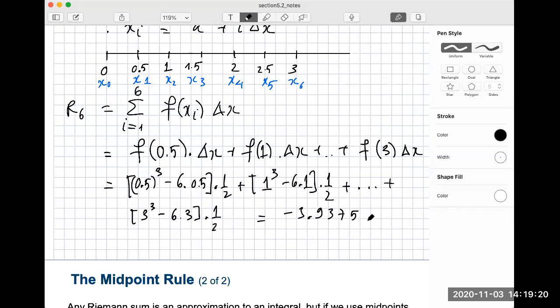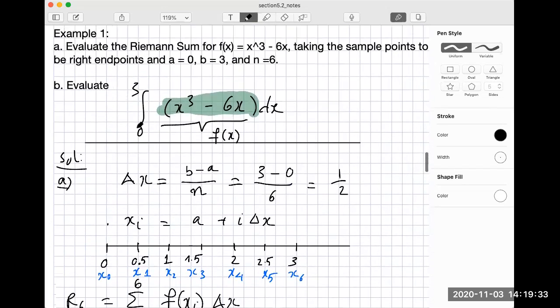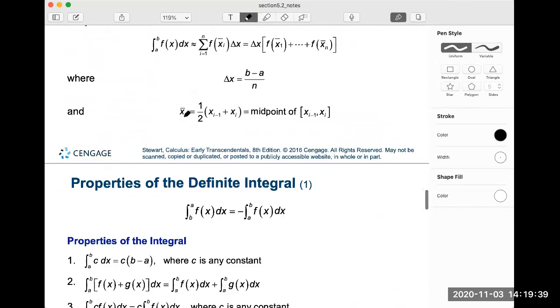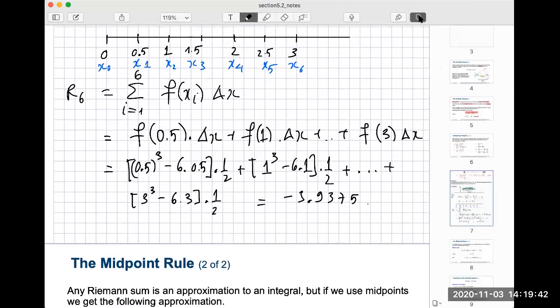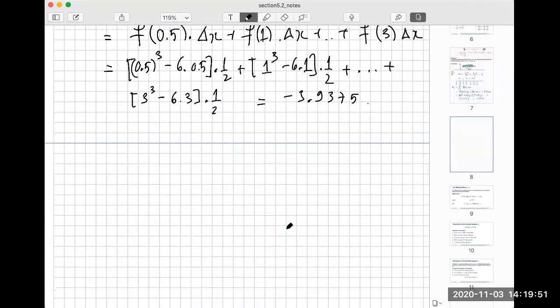You can double check it at home. So now let me give you an idea how to solve question B. Question B asks us to evaluate the value of this integral from 0 to 3 of x cubed minus 6x dx.